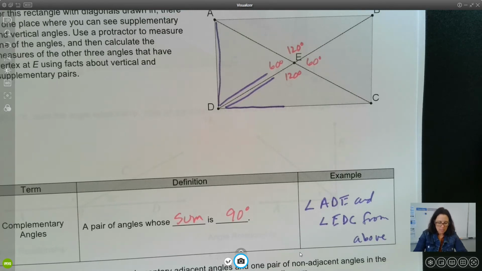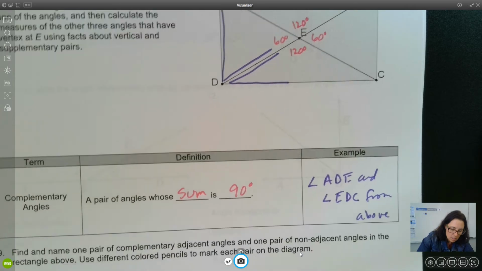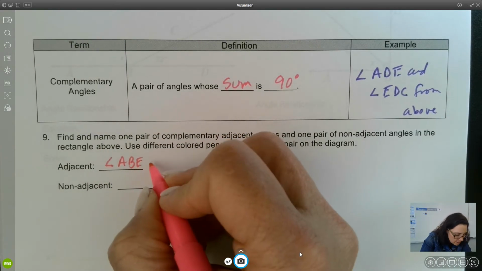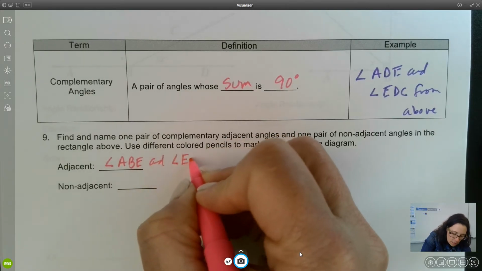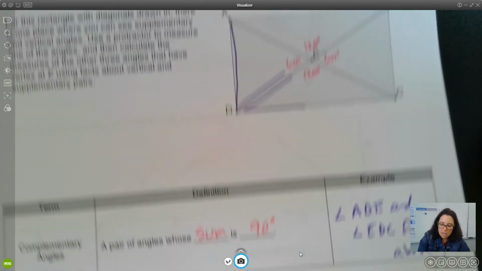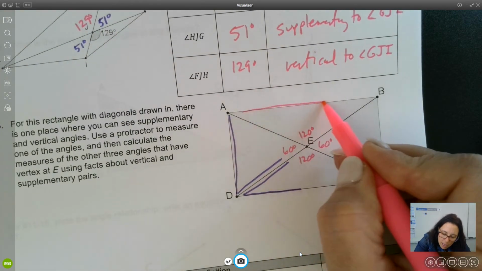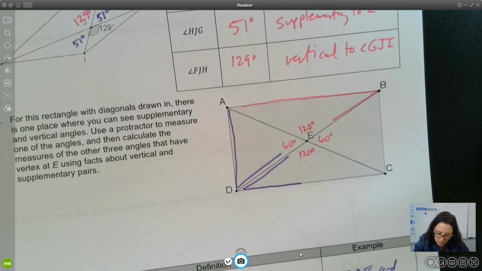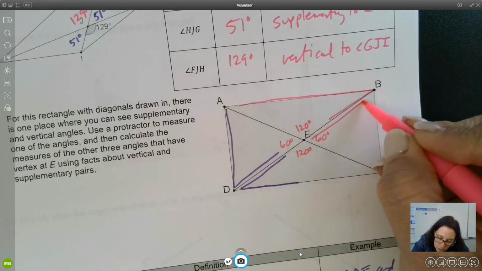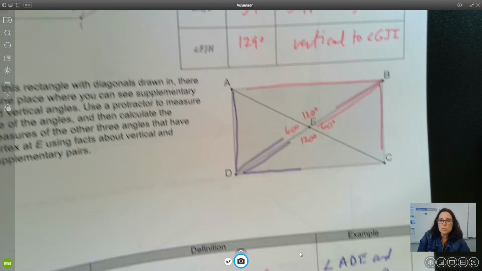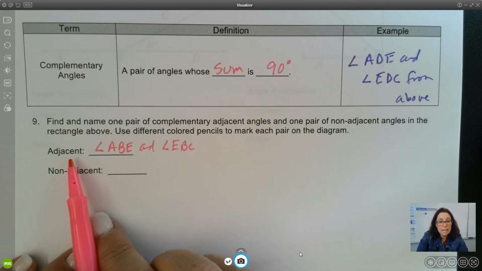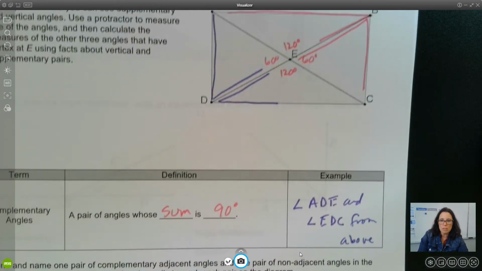Let me use my pink to find the adjacent. Angle ABE, and I'll go back to the picture in a minute, and angle EBC. ABE is here, and EBC. Those pink ones are adjacent and complementary. They're next to each other.